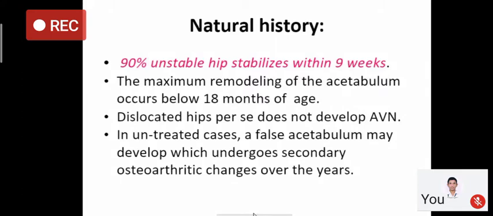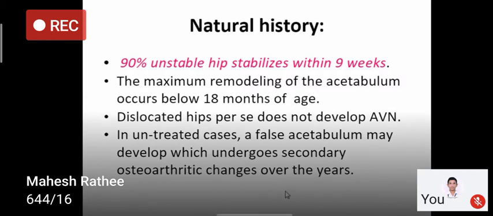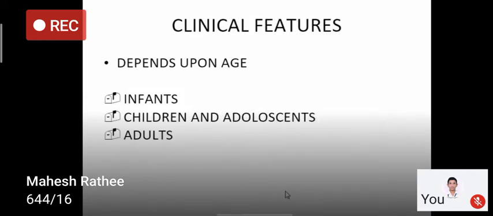Maximum remodeling of the acetabulum occurs below 18 months of age. Dislocation of the hip per se does not develop avascular necrosis. In untreated cases, a false acetabulum may develop, which undergoes secondary degenerative changes over the years.